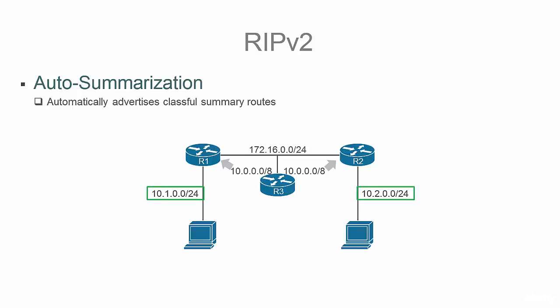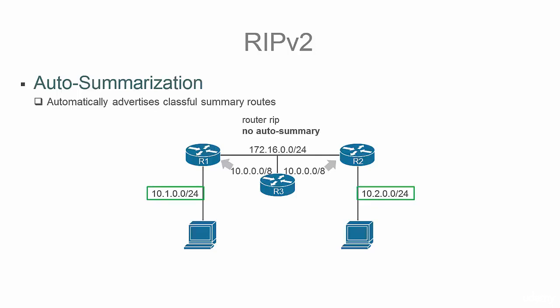To fix this problem, we can disable auto-summarization with the no auto-summary command in our router RIP configuration. And that's really best practice. I mean, most of the time it's better to rely on manual summarization, so any routing protocol that has auto-summarization, just disable it.